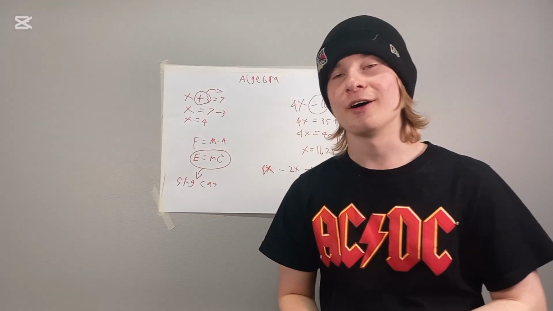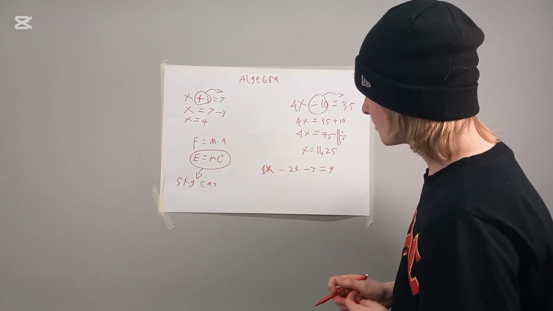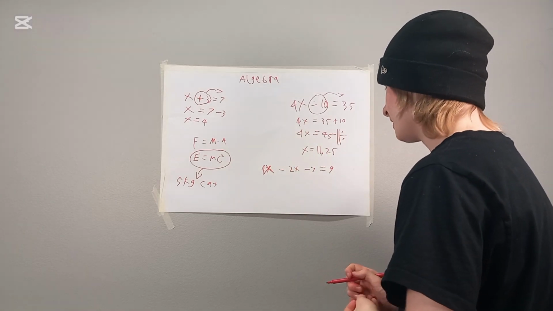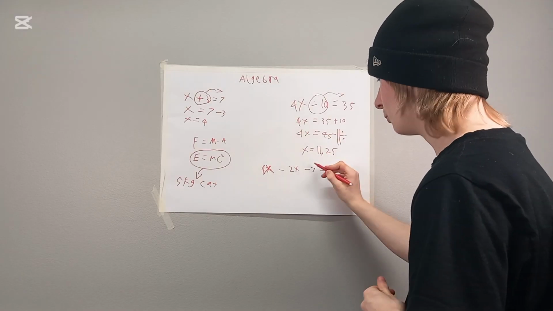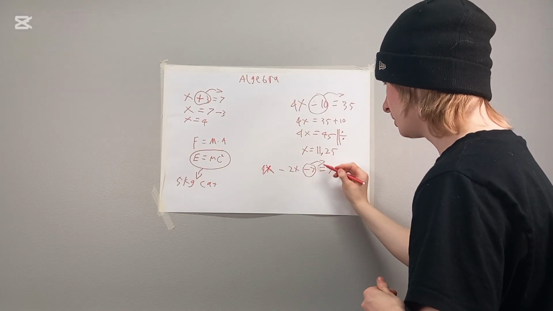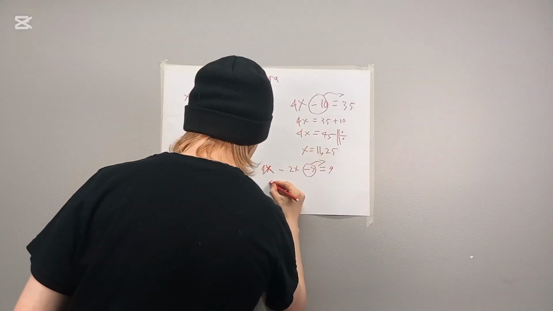Now we have something a little harder here, like 4x minus 2x minus 7 equals 9. So what did I tell you? We take this and put it right there.